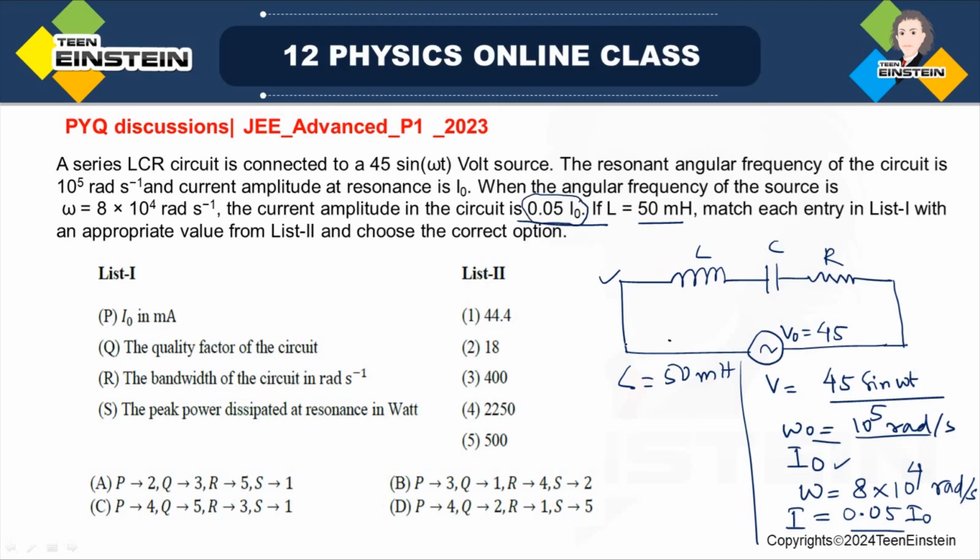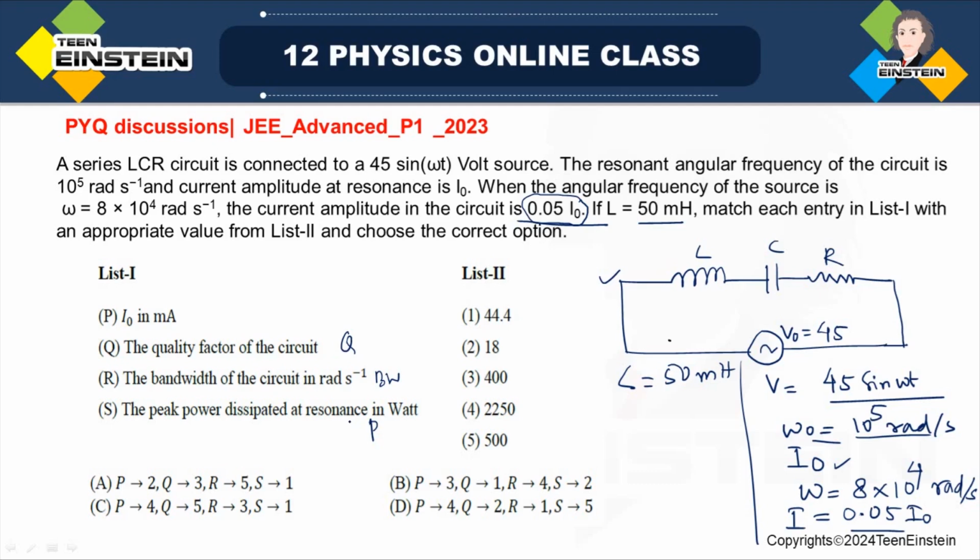0.05 into I0. Now in the list 1 you have been given few parameters of this circuit, like amplitude of the current in the circuit at resonance condition I0, the quality factor Q, then bandwidth of the circuit, and the peak power dissipated at resonance condition.